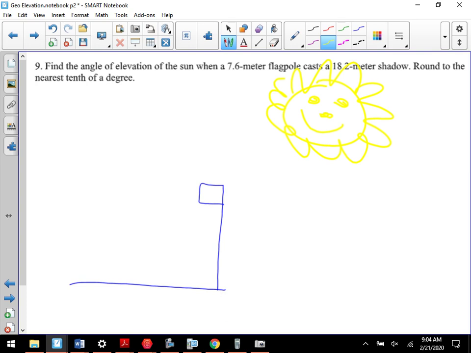This one does. Cast a shadow. Shadows lie on the ground. So the shadow is 18.2. Flagpole 7.6. Angle of elevation is looking back up towards it. What trig function are you going to use? Tangent.